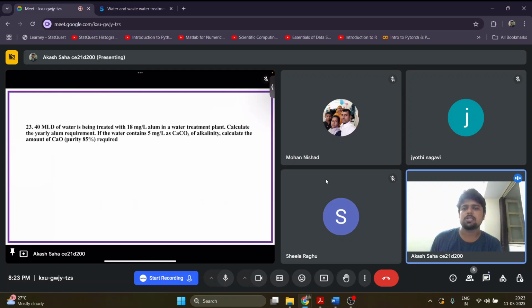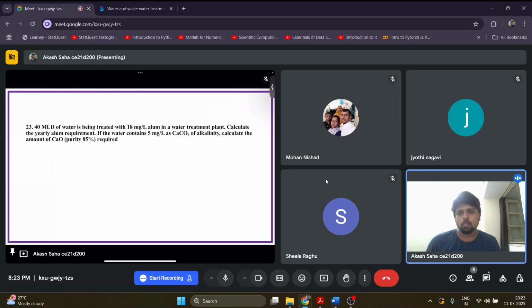So this is the first question. Then second, it says that if the water contains 5 milligram per liter of CaCO3 of alkalinity, calculate the amount of calcium oxide of purity 85% that is required. So again, the first part of the problem remains the same as one of the previous problems.